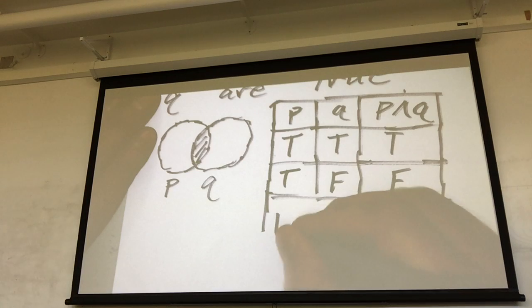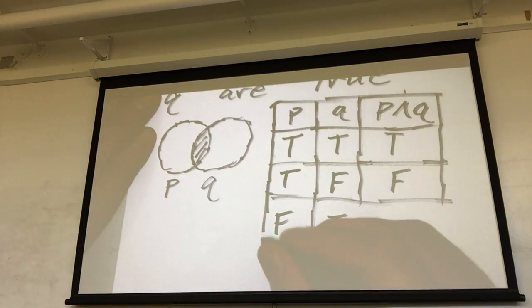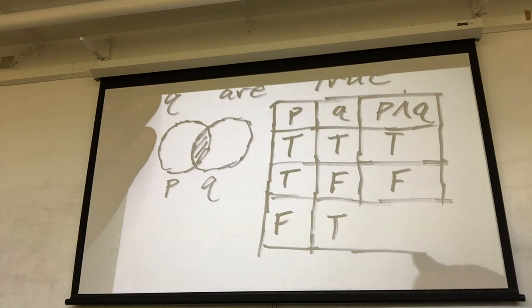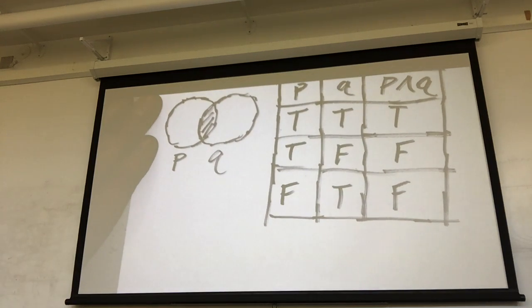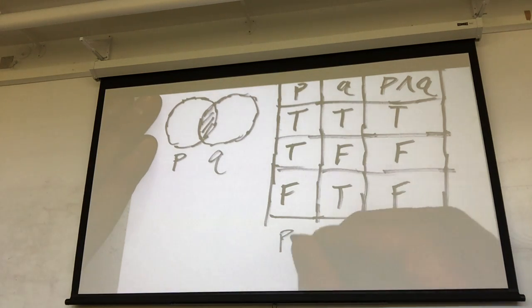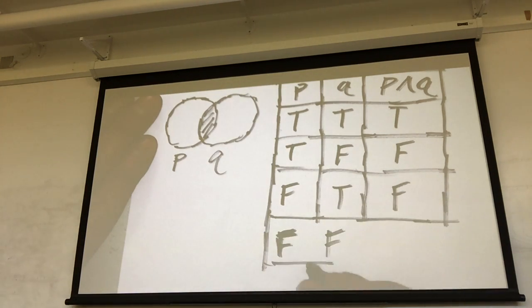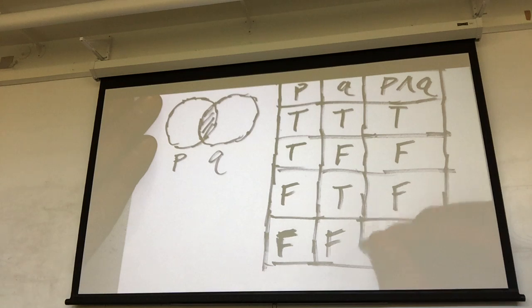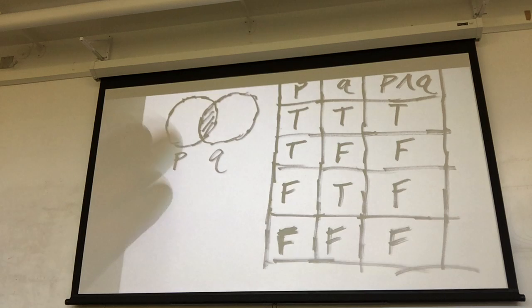Okay? And if P was false and Q was true, they would both be false. Okay? And then P is false, Q is false. Well, they're both false. So the truth of P and Q is false.